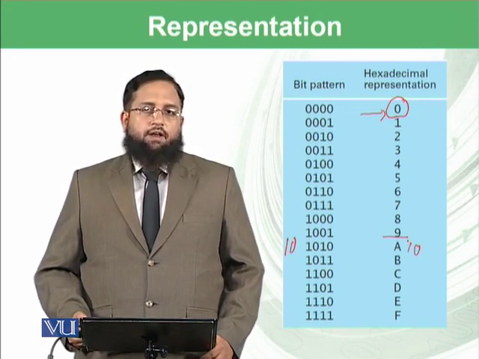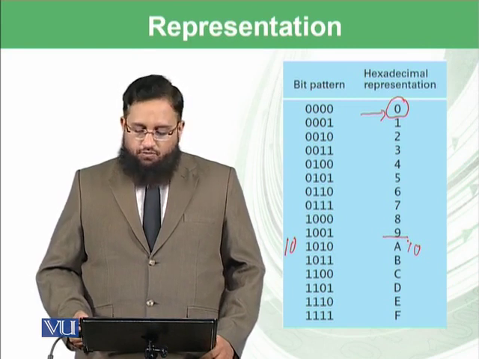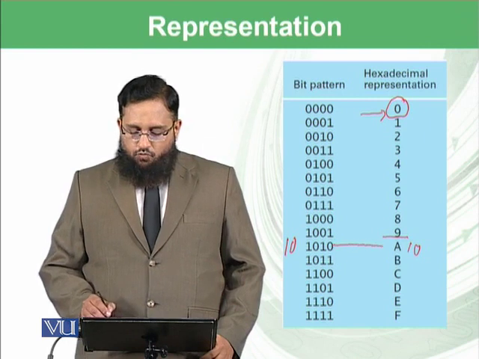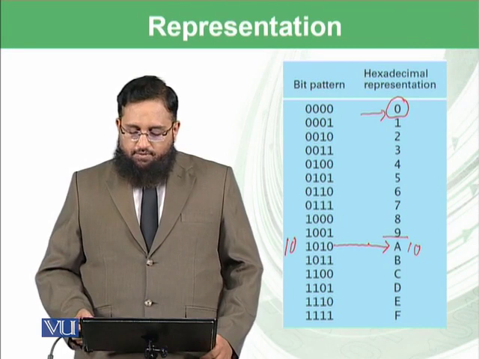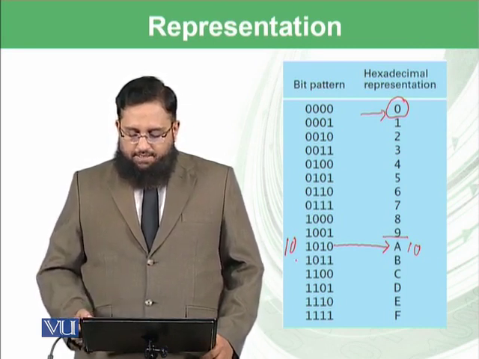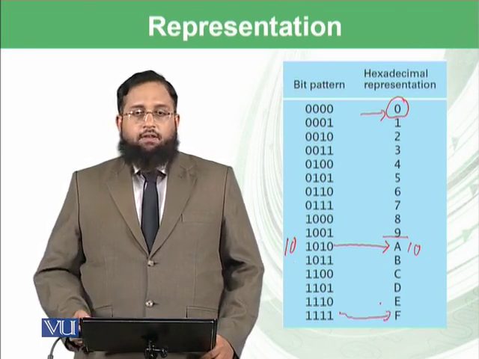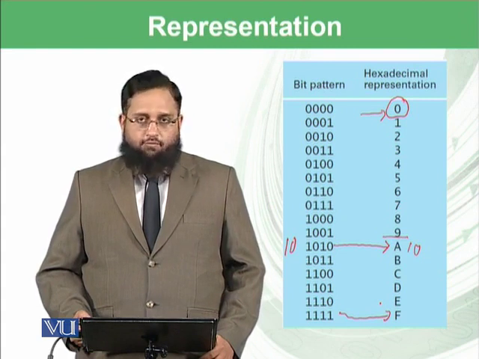So we cannot write 10 because that would be 2 symbols. Therefore we have translated 1010 to the symbol A, and similarly 1011, which is 11, is translated to B, C, D, E, F, and the maximum bit pattern 1111 is translated to the symbol F.